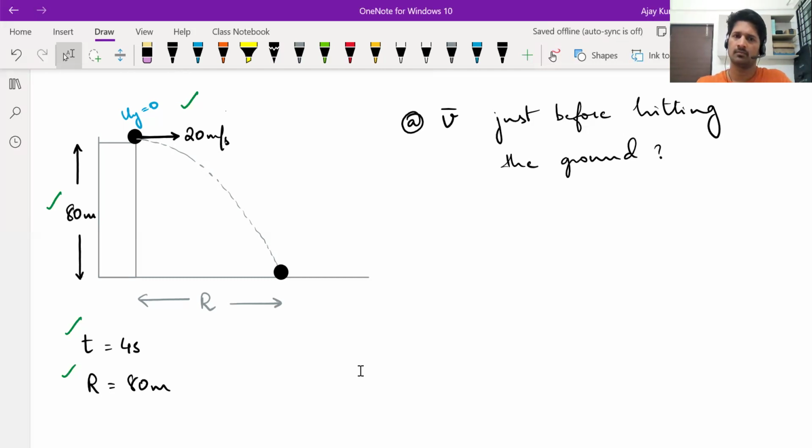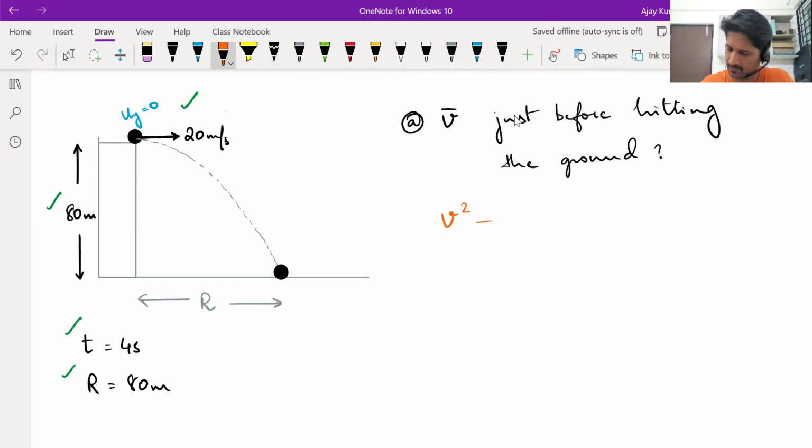V square minus U square equal to 2as, sir. V square minus U square is 2as, you want to use. Okay. Let's see. I see nothing wrong in that. Good. It's one of the ways with which you can find out the final velocity. Let's see if it works in this case.